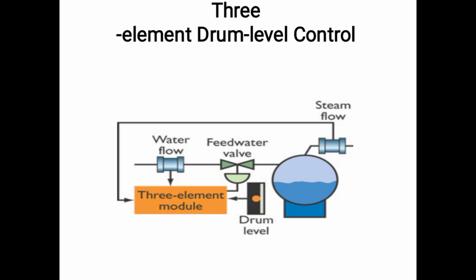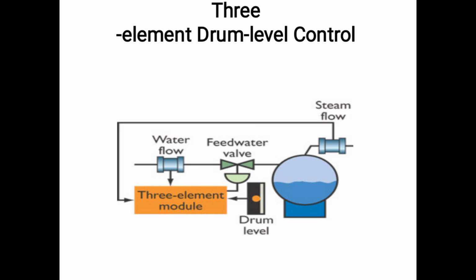So this single element or double element may face some issues, but in the three element control loop, we are seeing all three things: how much water goes inside the drum, how much steam goes outside, and what is the level of the drum. All three signals are analyzed inside the controller, and then a signal is generated to the control valve to increase or decrease the drum water level.